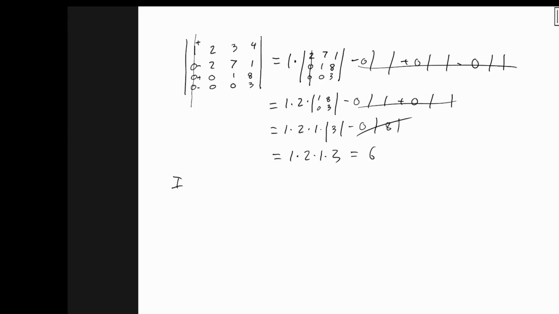So if A is a triangular matrix, then the determinant of A is the product of the entries on the diagonal.